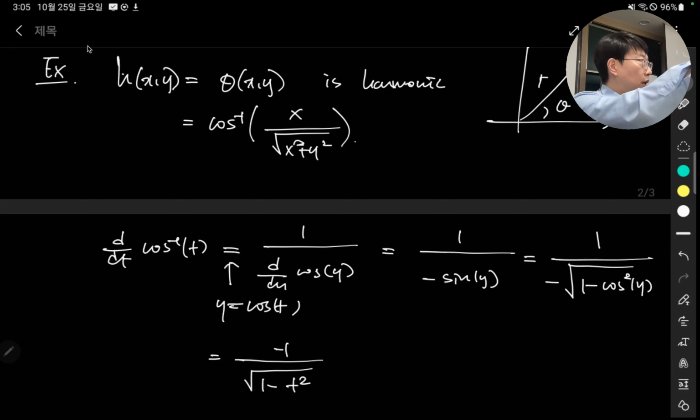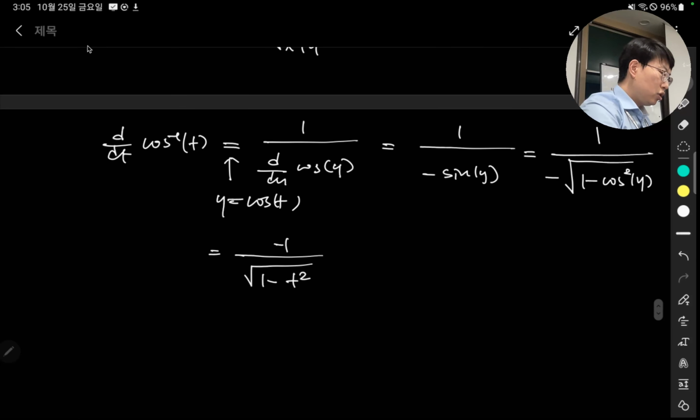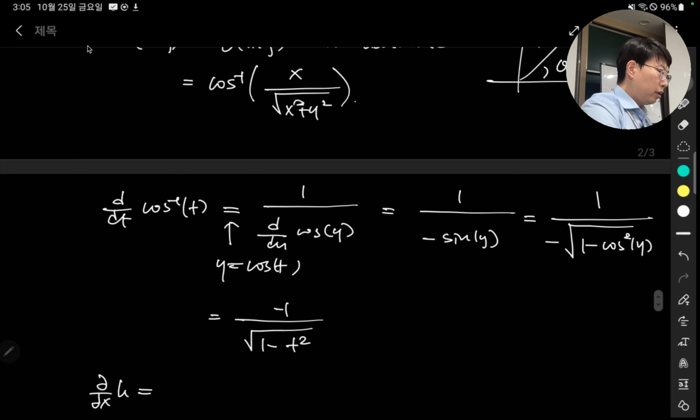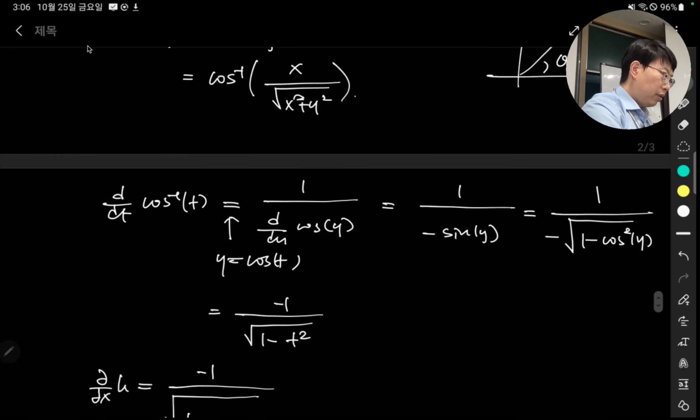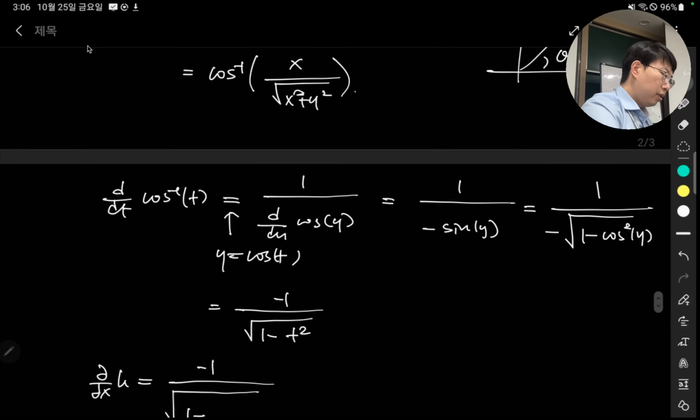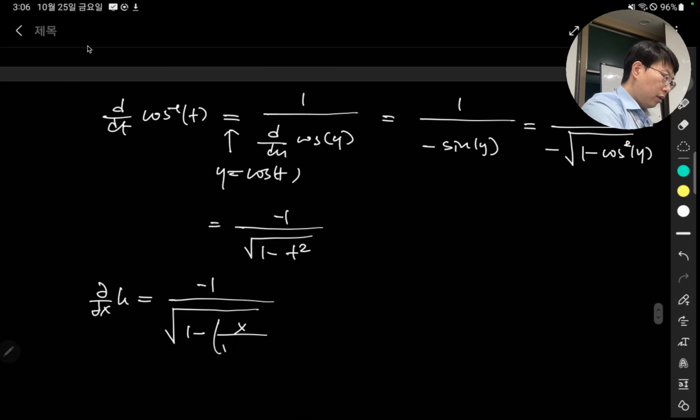So when you try to get the partial derivative of h, del h over del x, you can use the inverse cosine derivative. First it's minus 1 over the square root of 1 minus everything inside the inverse cosine, so we have x over the square root of x squared plus y squared.